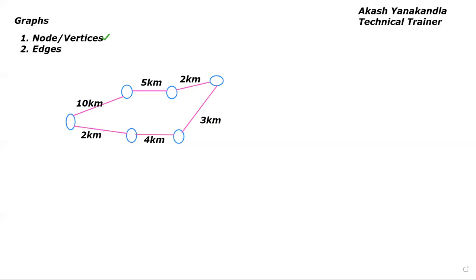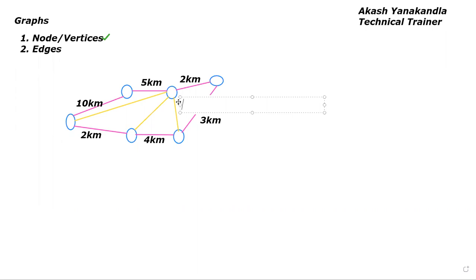Now let's make this particular graph more interesting and more interactive with connections between node 2 and node 5, node 2 and node 4, and another connection between node 2 and node 6. This way, our graph can become more interactive.